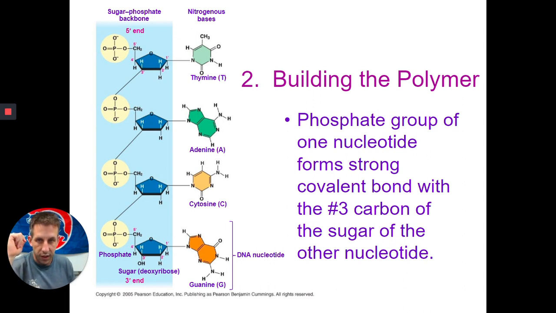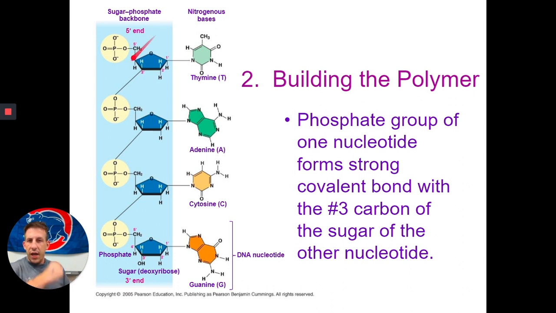Now when we look at the nucleotides, let's just isolate in our vision this nucleotide up here. When we look at a strand of DNA, oftentimes the end of the DNA is labeled either 5' or 3'. That indicates some directionality to that strand of DNA.